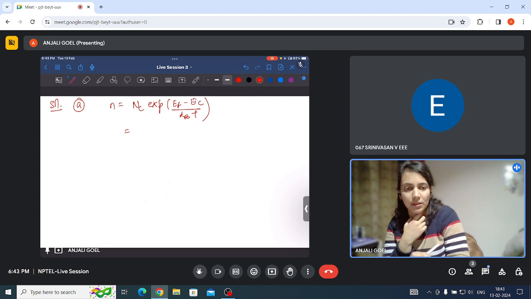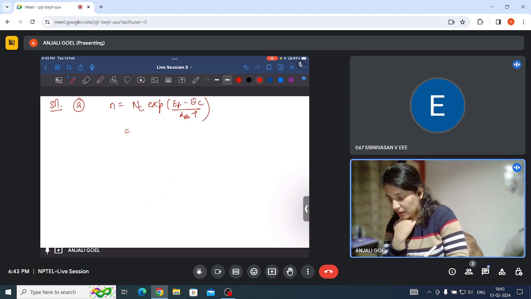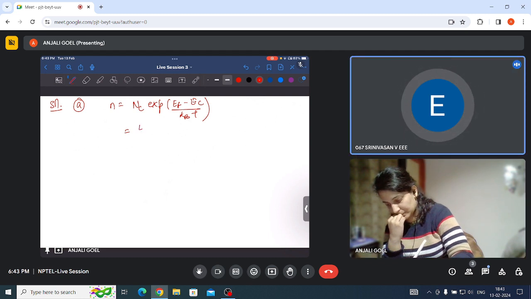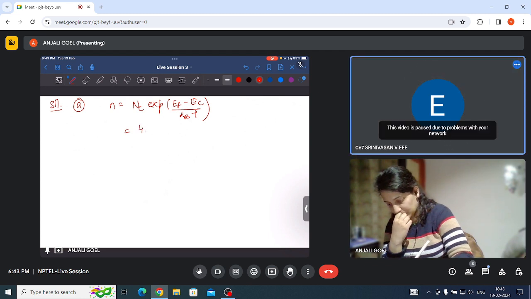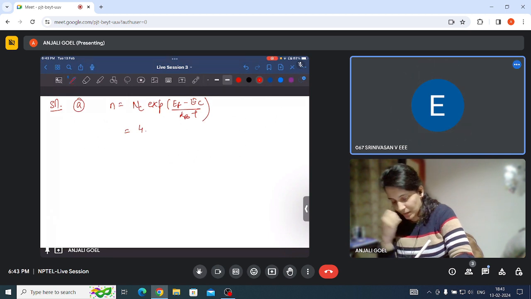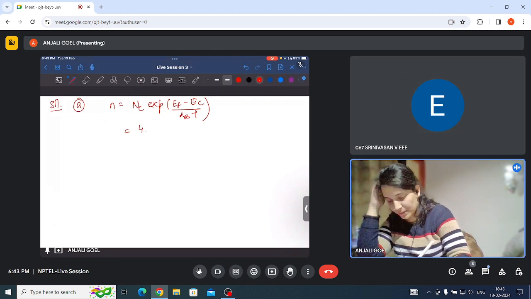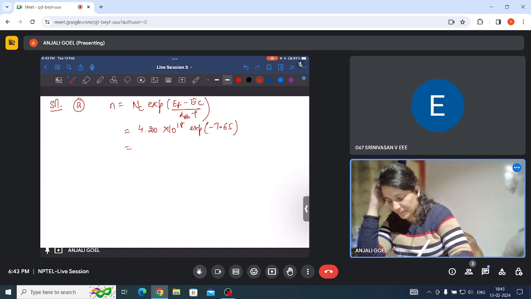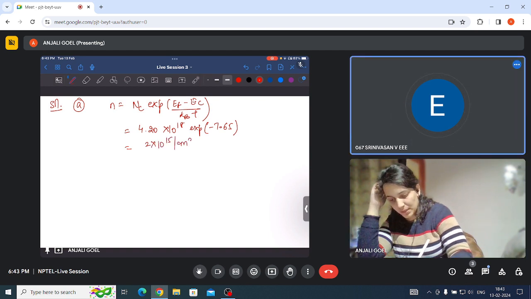So you must have calculated the value of NC, EF. I got EF equals minus 6.04 kT plus EC. I still haven't substituted. So it is minus 7.65. I'll do the derivation. So after this, you'll get 2 into 10 raised to power 15 per centimeter cube.